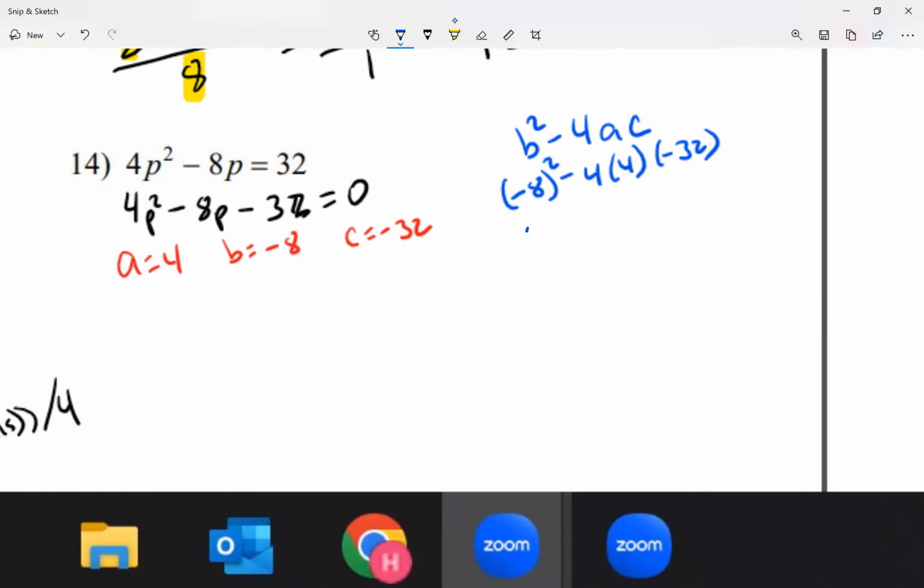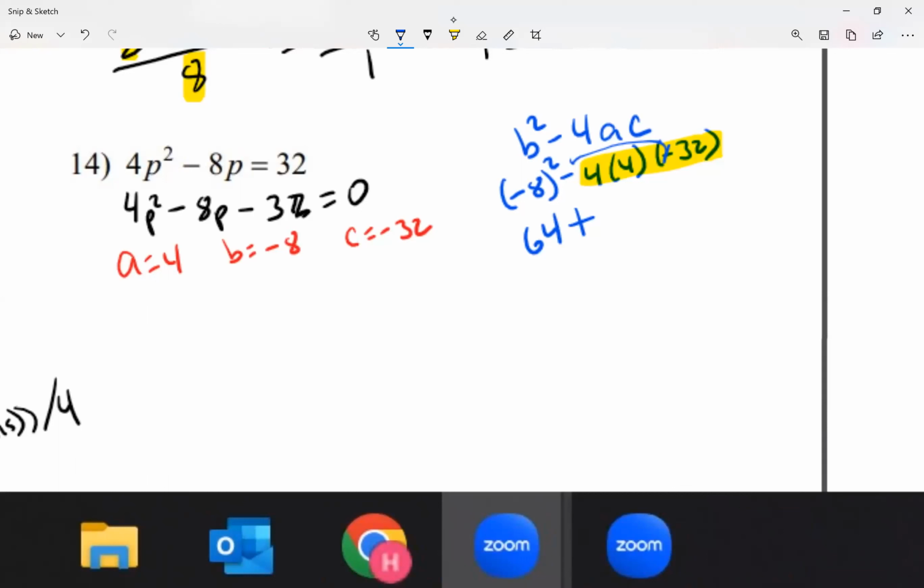So I have 64, because negative 8 squared. Now I have a minus here, and my multiplication has a negative in there, so I'm going to bring it to the very front. So that becomes a plus.